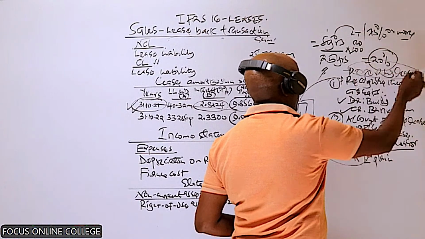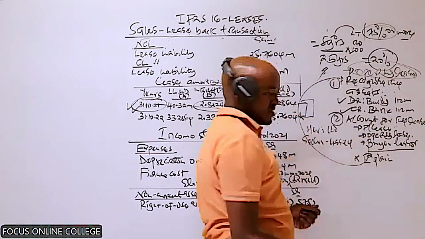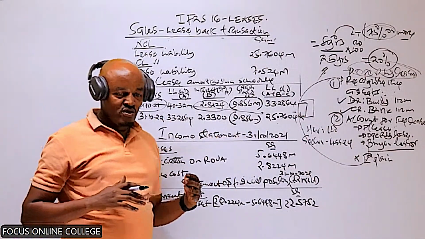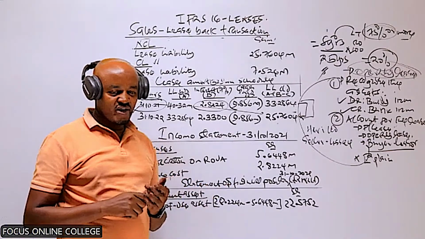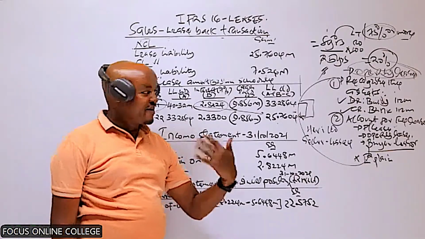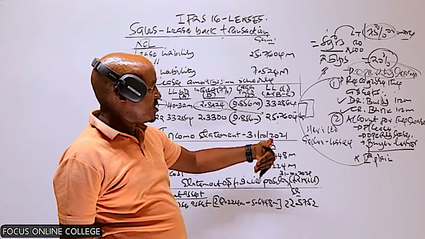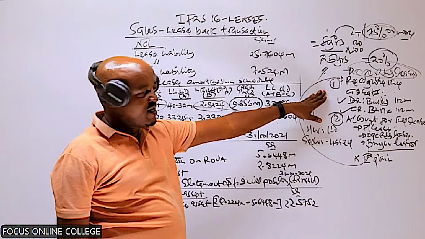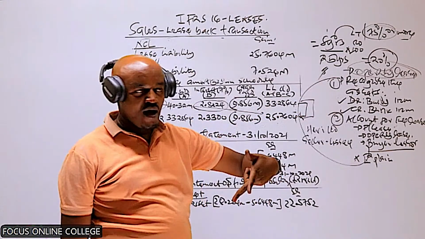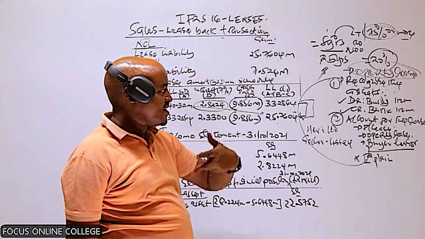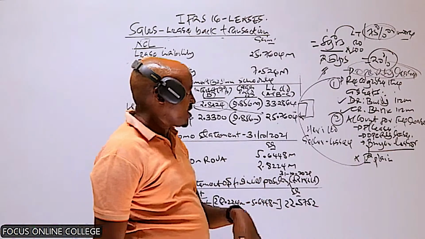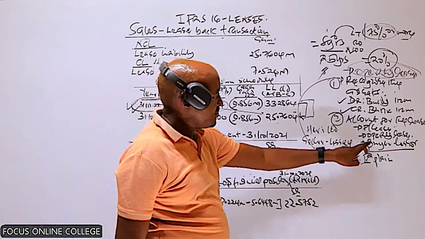We have said that if you get a rate which is less than 75%, it is an operating, but if you get a rate which is 75% or more, it is actually a finance. So therefore, if, for example, you're required just to explain how the finance company was supposed to account for this risk, one, you say it will recognize that asset, and you can support that with a double entry here. Number two, account for that risk as either operating or finance. And you have said, as per the information given here, this risk will be an operating.